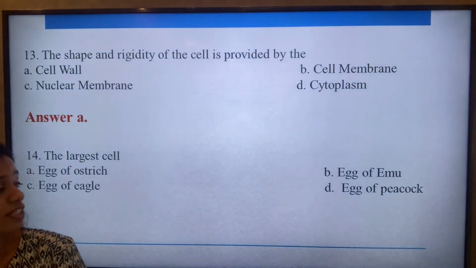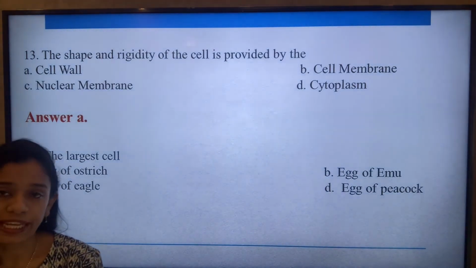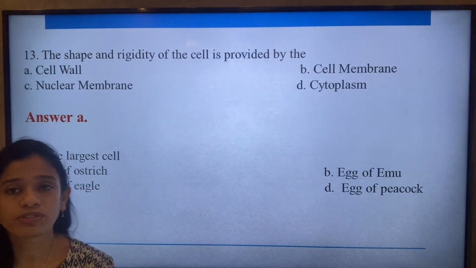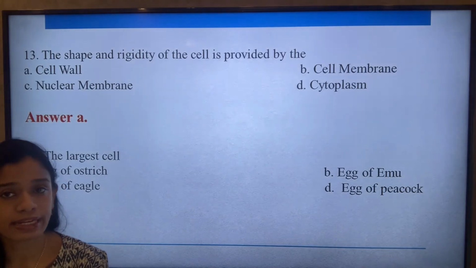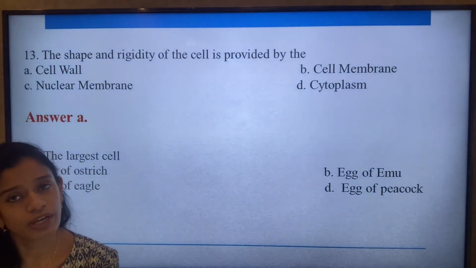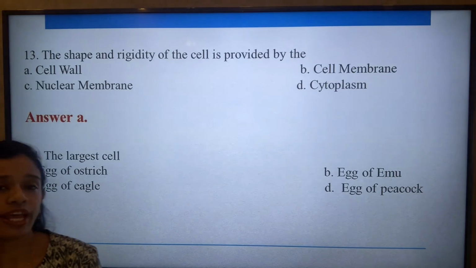Next, the largest cell. Which is the largest cell that we can see with the naked eye? Means if it is the largest, then it has to be a larger cell which can be viewed with the naked eye. Because if we go for minute cell, it has to be viewed under the microscope. So the largest cell is the egg of ostrich, egg of emu, egg of an eagle, or egg of a peacock.